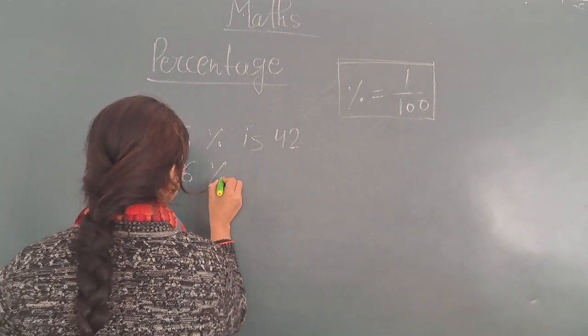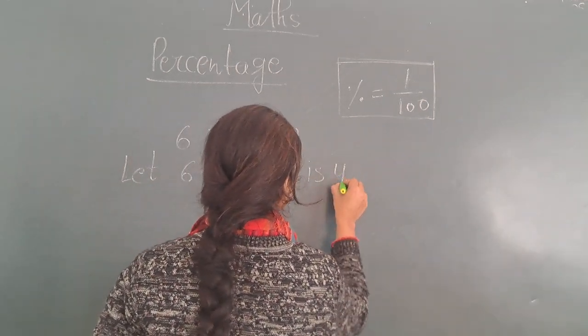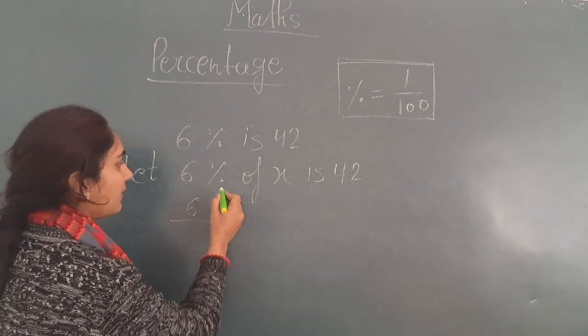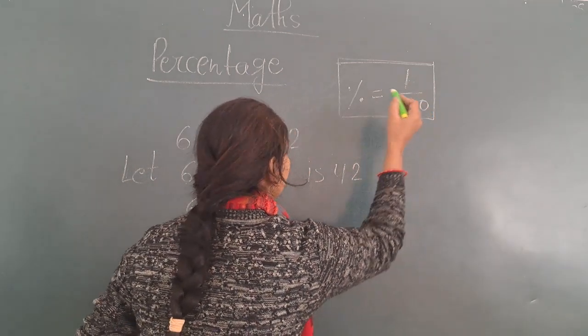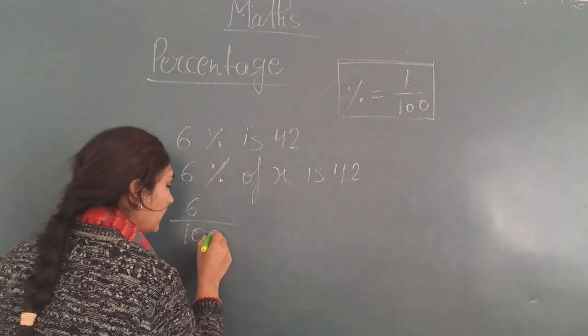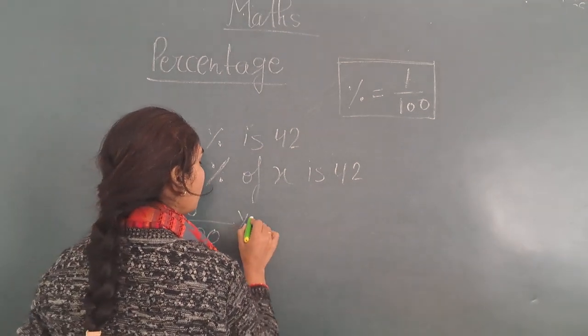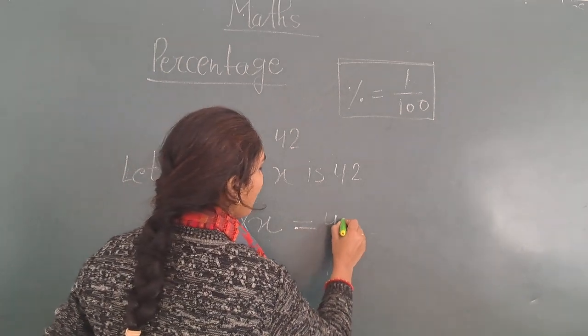So I can write that 6% of x is 42. Then we will solve the question. For 6%, I will place 100 in the denominator, so 6 upon 100 multiplied by x is equal to 42.